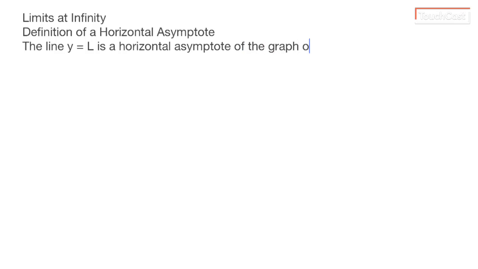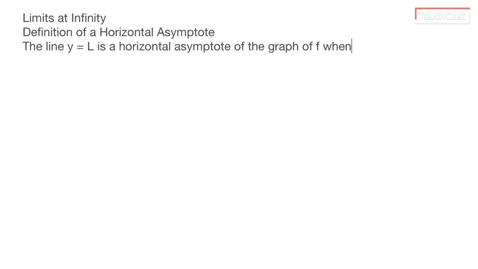So we're going to start off by saying the line y equals capital L is a horizontal asymptote of the graph of f when the following two conditions, or it just has to be one or the other, are met.